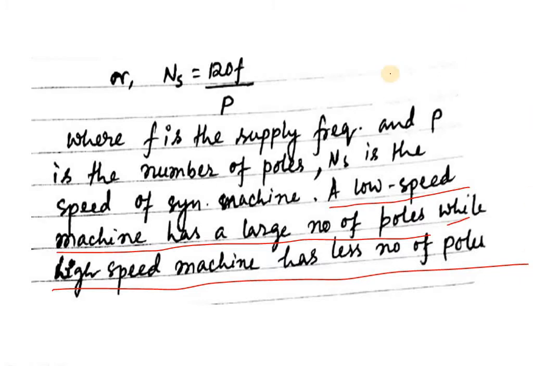Suppose our speed is 1000. Our frequency is 50.